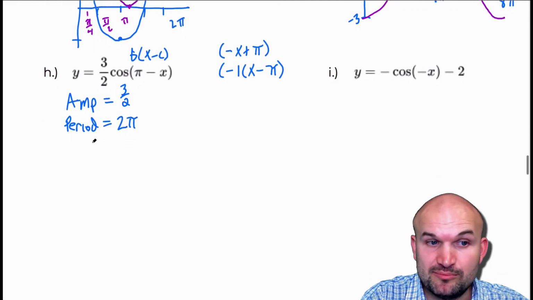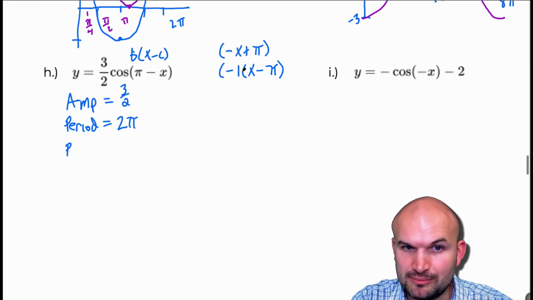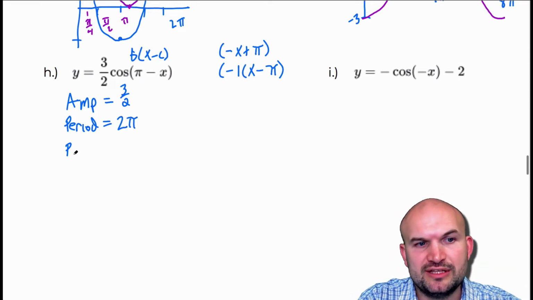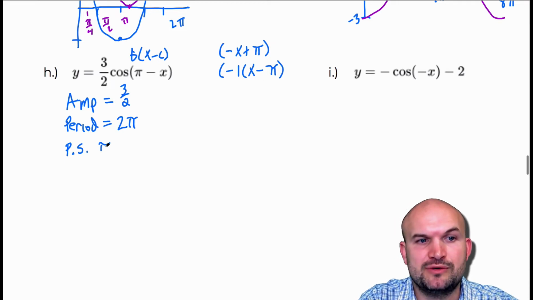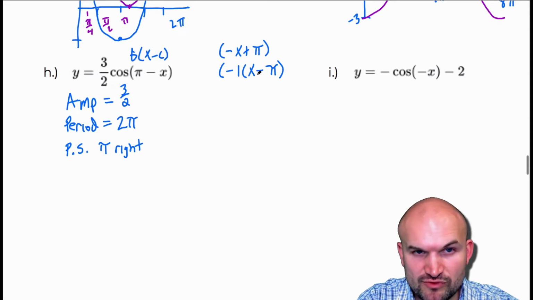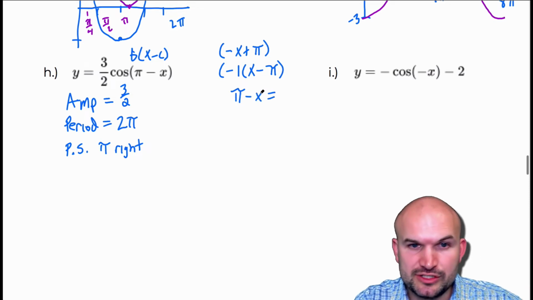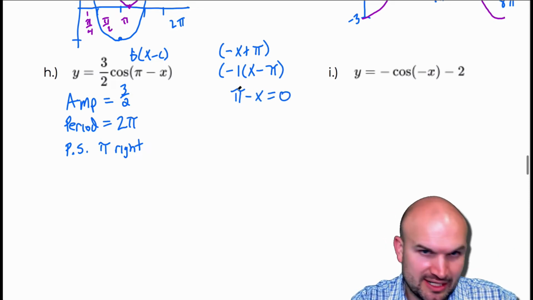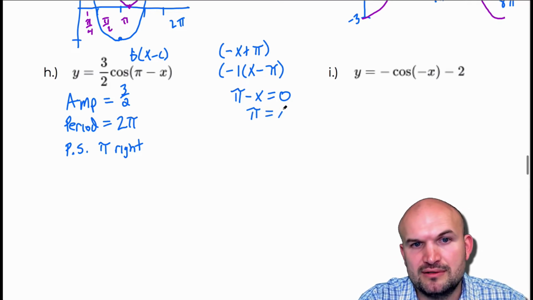Now the phase shift is important because, when you have this factored out, there's a couple of different ways you can look at it. When you look at the phase shift from this point, you can see that obviously it's going to be pi units to the right. But some students get confused with this rearranging. So again, you could also look at this by using the initial period. If the initial period starts at 0, and then here is my new function, all you have to do is solve for x by adding x to the other side.